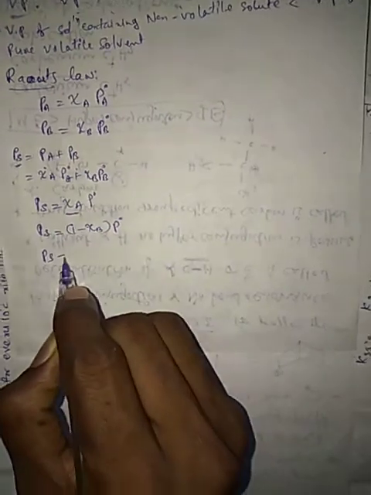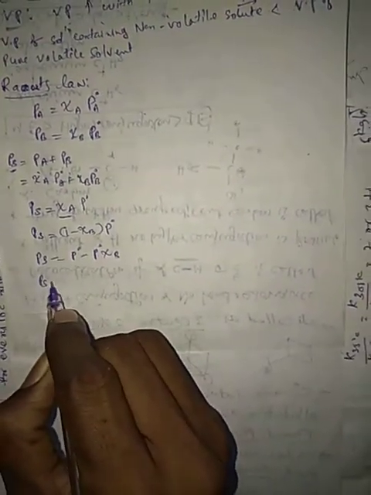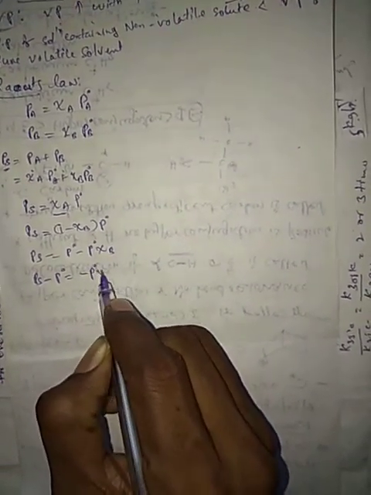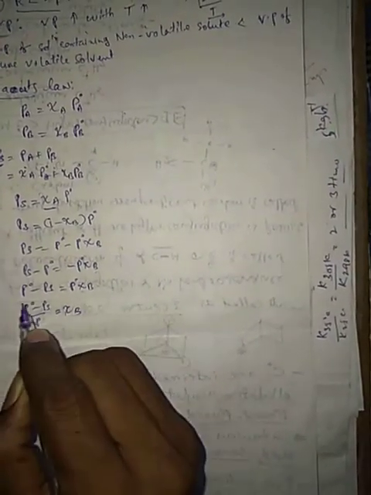PS is equal to P naught minus P naught XB. So PS minus P naught is equal to minus P naught XB. Then P naught minus PS is equal to P naught XB. Now (P naught minus PS) by P naught is equal to XB.